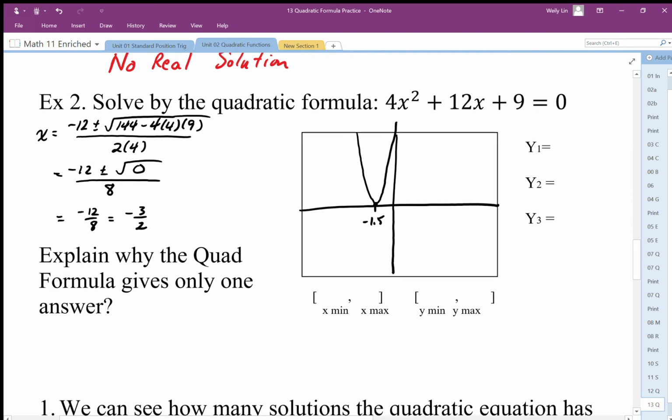So why does the quadratic formula only give us one answer? Because the parabola only touches the x-axis at the vertex.